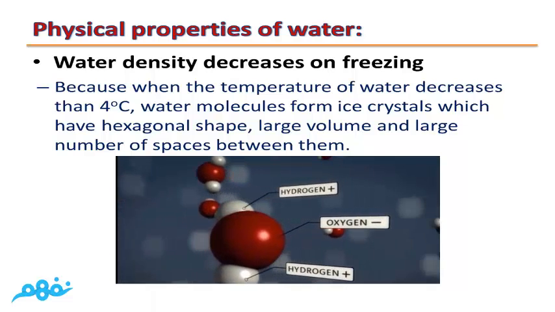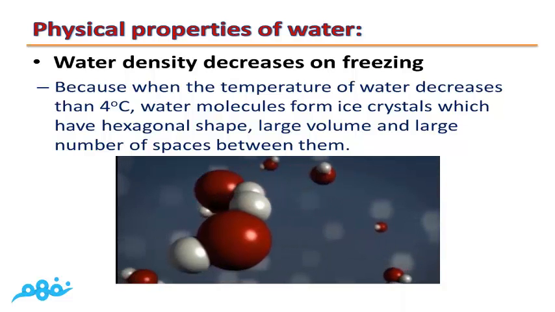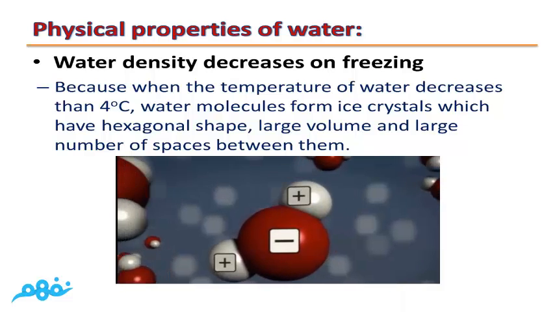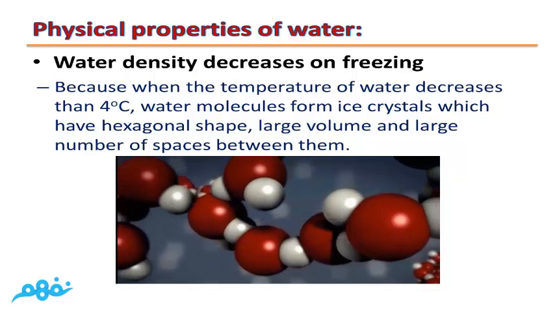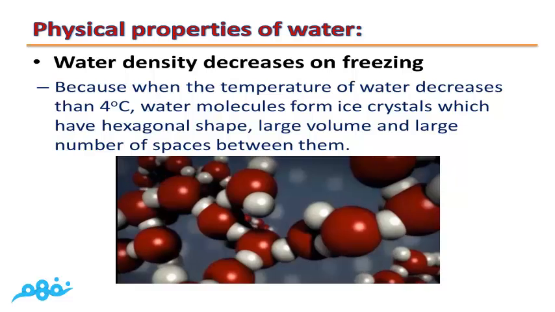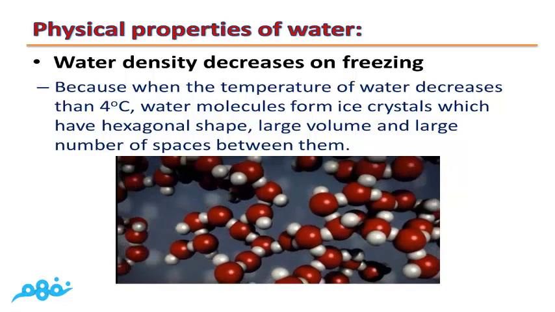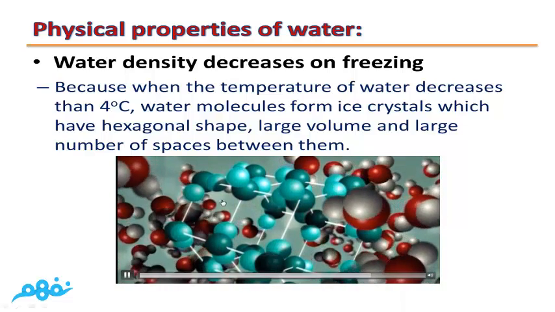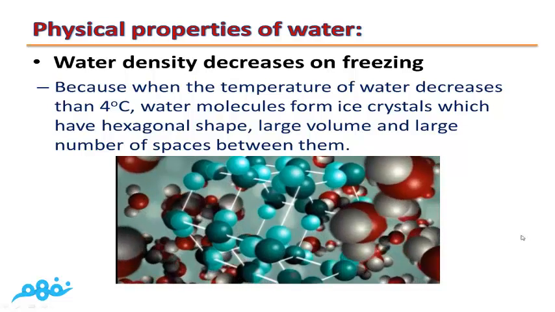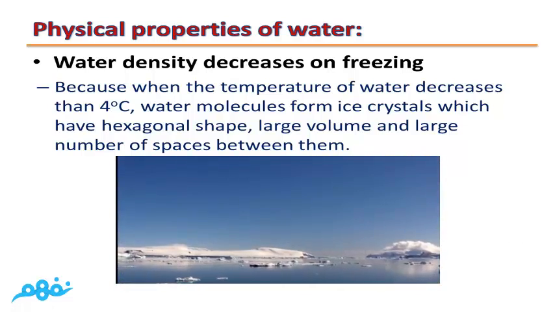As you can see, if we have a water molecule, you can see that hydrogen bond will be formed between each two successive water molecules. This will form ice crystals, which have hexagonal shape, as you can see, 6 sides. Ice crystals have large volume, so they have low density, so ice will float on water surface.